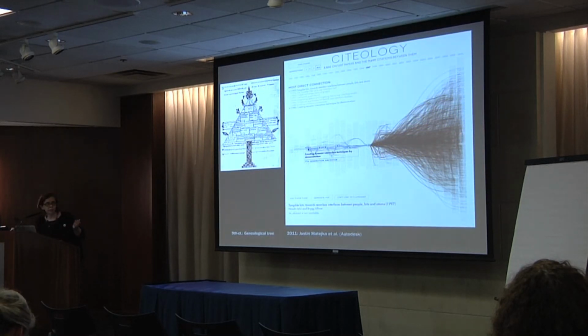This is another example using certain ideas of genealogy. Here we have an early one, a tree devised by the Bishop of Seville, and on the right-hand side you have, again, a recent application looking at the citation of papers in conferences, right?